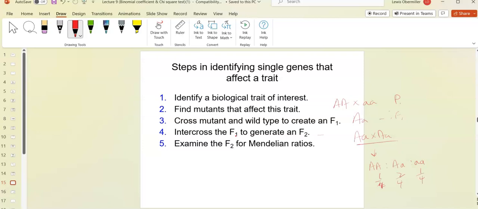And a phenotypic ratio in this case would be wild type, whatever that might be. Purple in the case of flowers, red eyes, normal shape in Drosophila. That's going to be 3/4, and then the mutant phenotype will be 1/4, right? Our typical 3 to 1 Mendelian ratio, right?